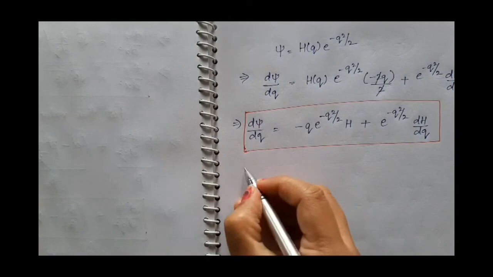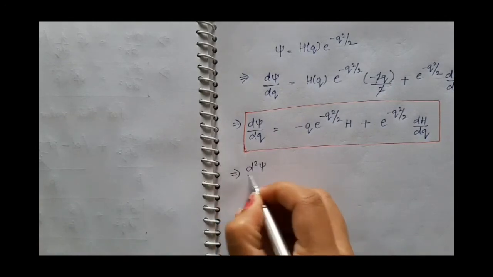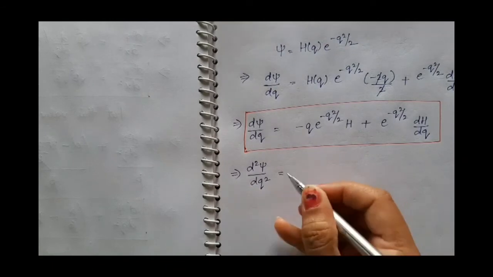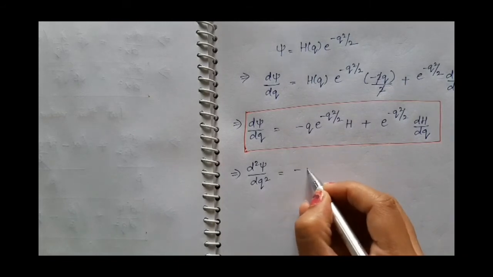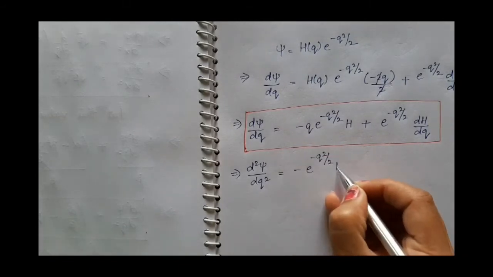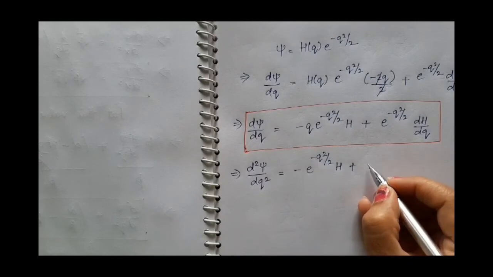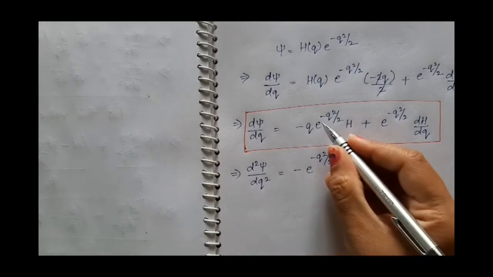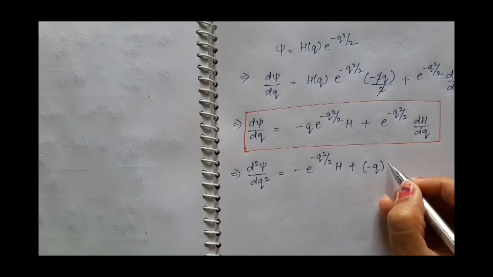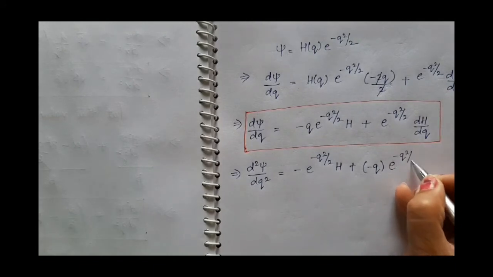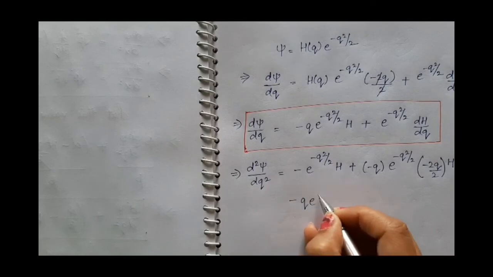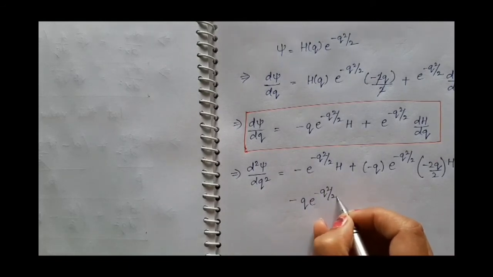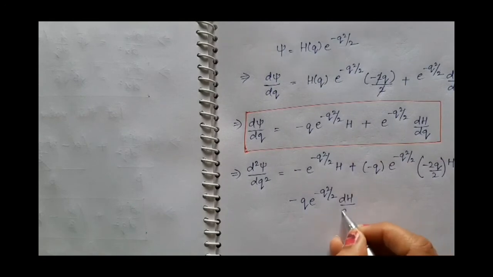Now we will calculate the double derivative of psi with respect to q. Differentiation of q with respect to q will be 1, so we have minus e raised to power minus q square by 2 h, then plus minus q as constant, differentiation of this will be e raised to power minus q square by 2 into minus 2q by 2, at that time h constant, then minus q e raised to power minus q square by 2, at that time differentiation of h will be dh by dq.